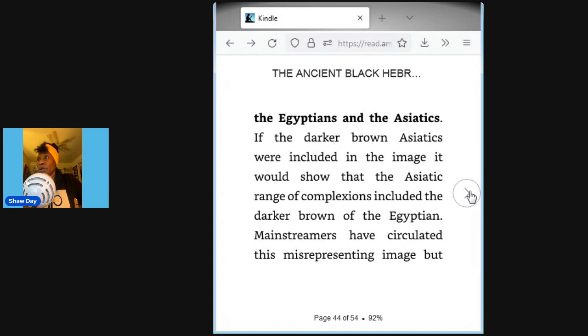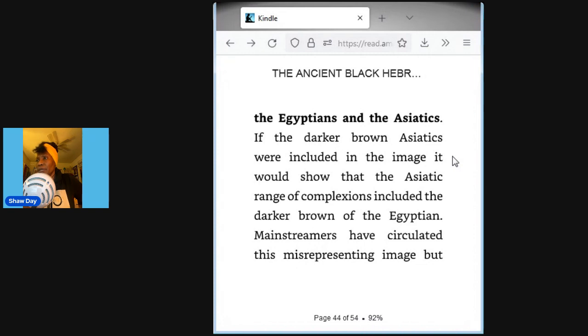If the dark brown Asiatic were included in the image, it would show that the Asiatic range of complexion included the darker brown of the Egyptians.